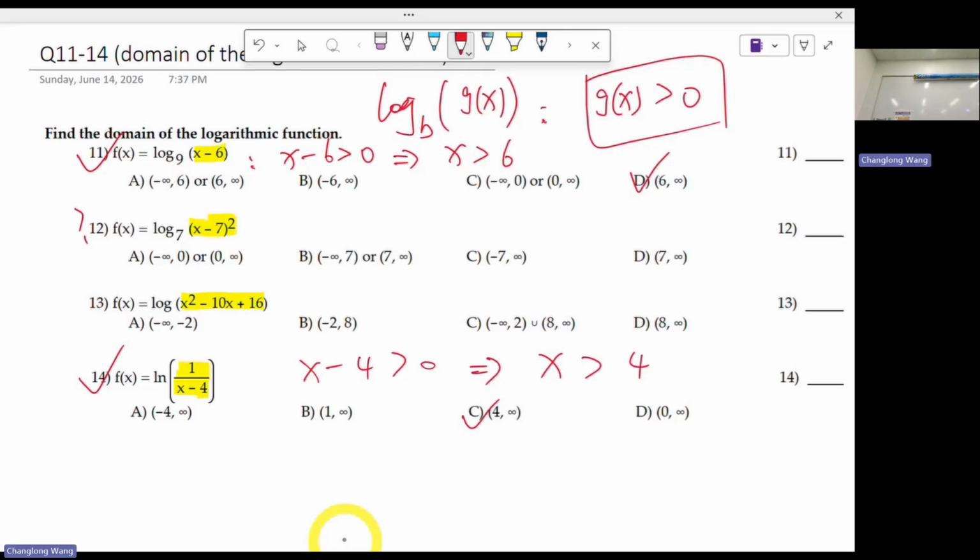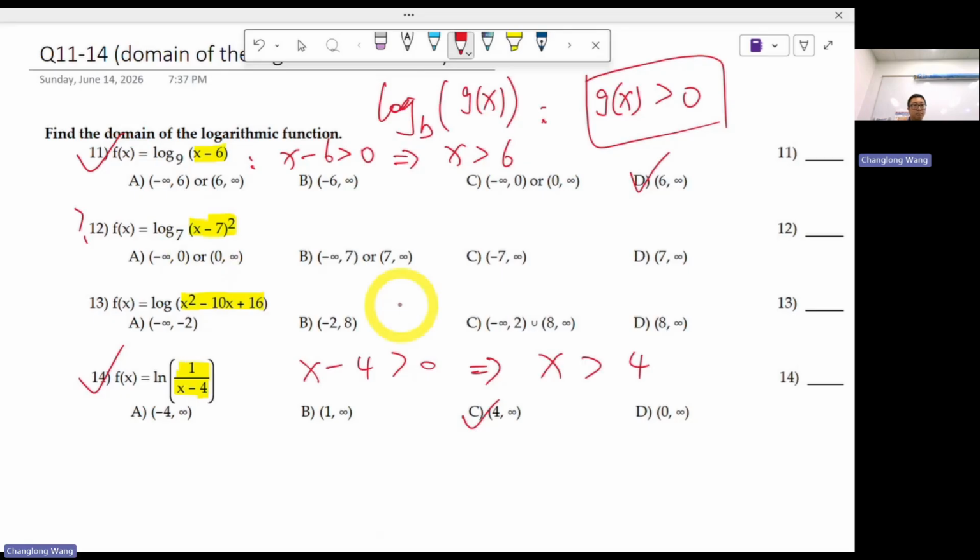So Zach noticed that since it's getting squared, it's always non-negative. It could be positive, could be 0. But you have to rule out 0 for this whole thing. Do you see that letter B is an option that just skips that number 7, because that's the only number that could turn x minus 7 squared into a 0.